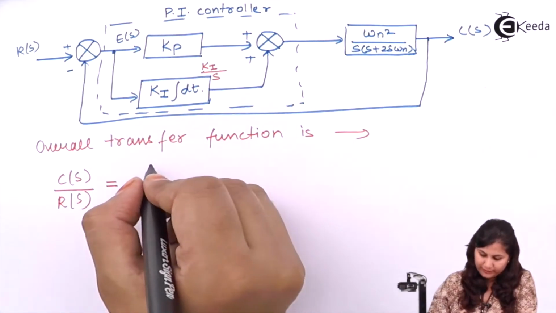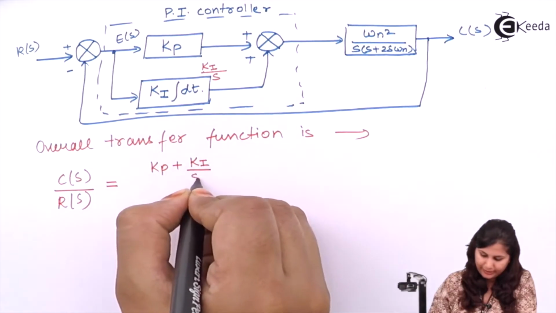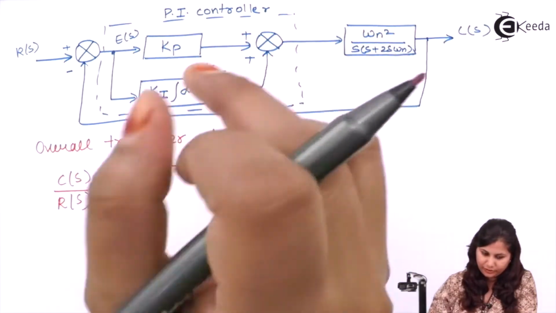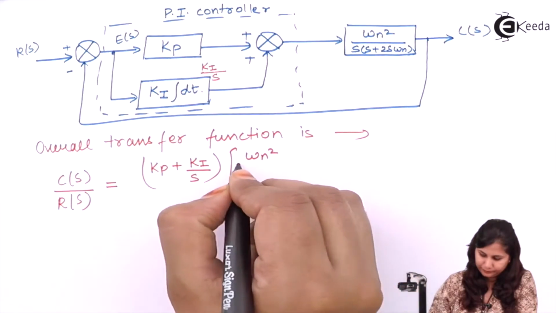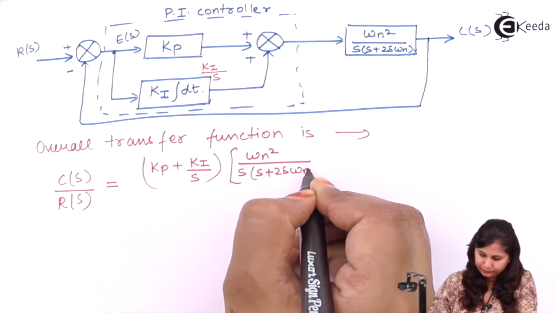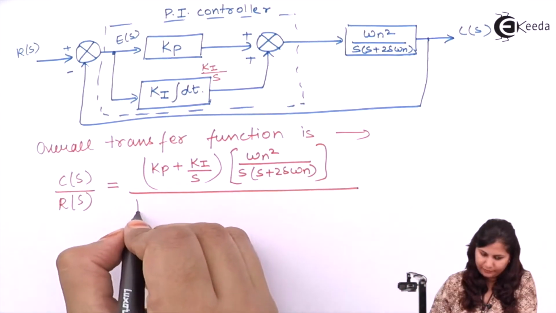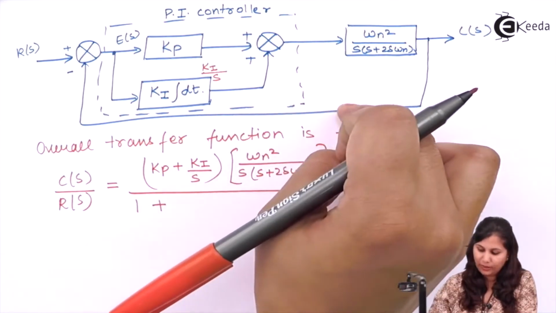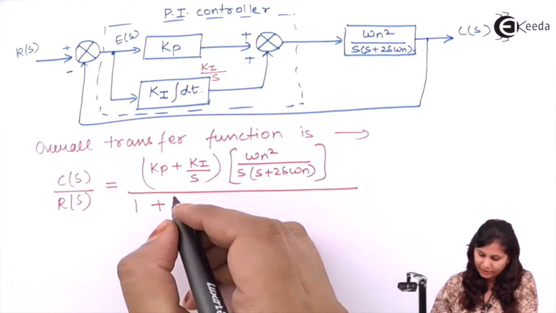So this is Kp plus Ki by s multiplied with this transfer function. Then we have 1 plus G(s)H(s). H(s) is here 1 because it is a unity feedback system. So again we will write G(s) here.